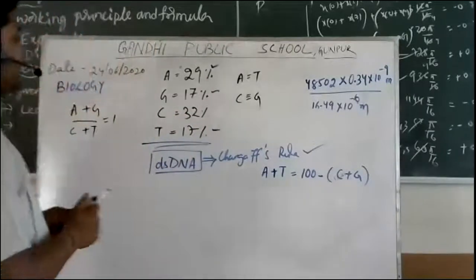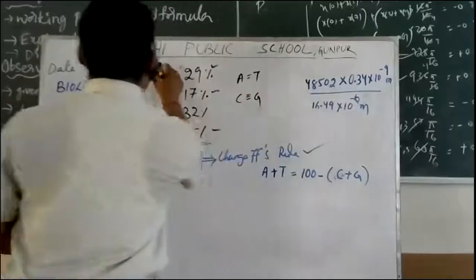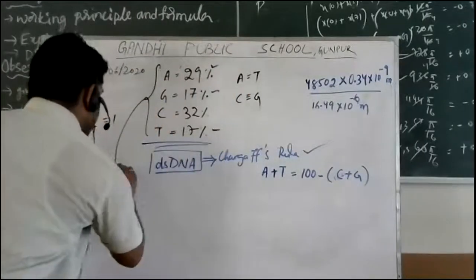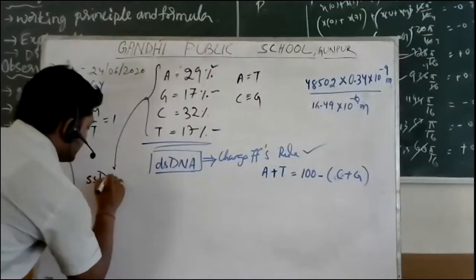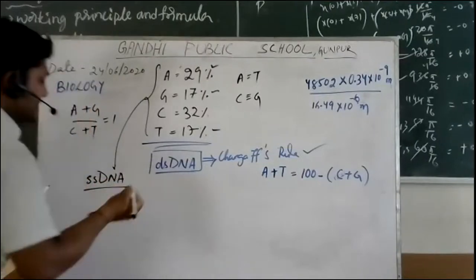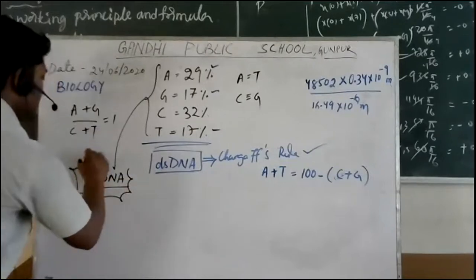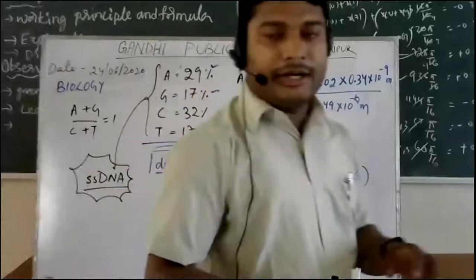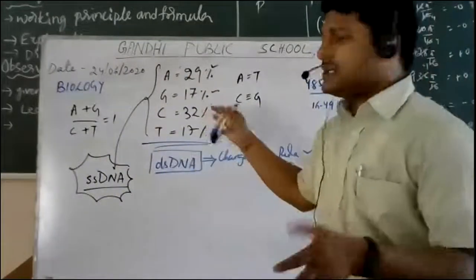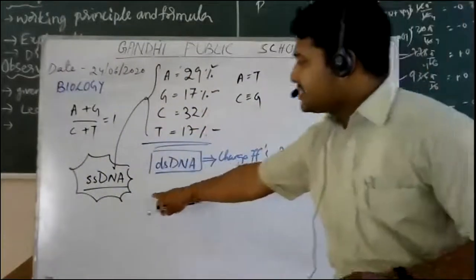So in that case, very simply, these nucleotides will be part of a single stranded DNA. In a single stranded DNA, there is no limitation on the ratio of the bases. There is no connection with this because it is all single stranded.